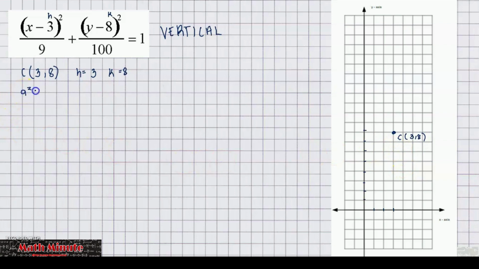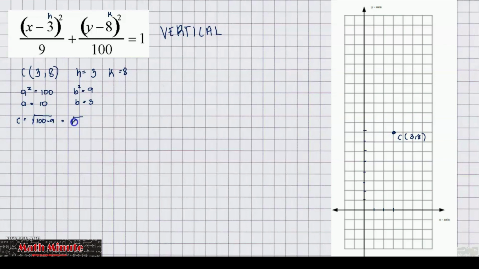The value of your a squared here will be 100 since this is the highest denominator. So square root of 100, that is 10. B squared is 9, and if b squared is 9, the value of b here is 3. Next will be finding out the value of your c. To get the value of your c, that will be the square root of 100 minus 9.